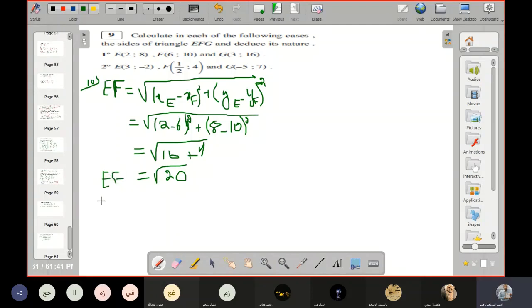In this case, we directly calculate EF squared. EF squared is equal to radical 20 squared, equal to 20.